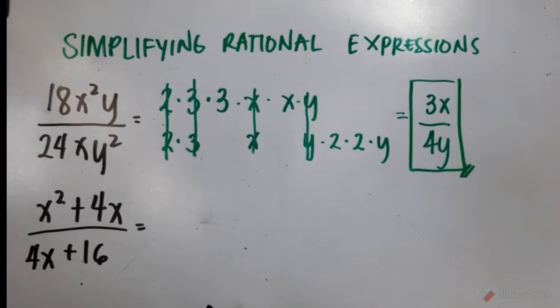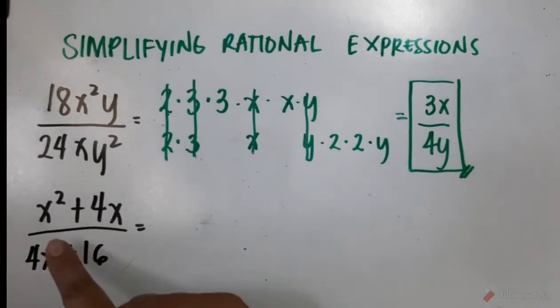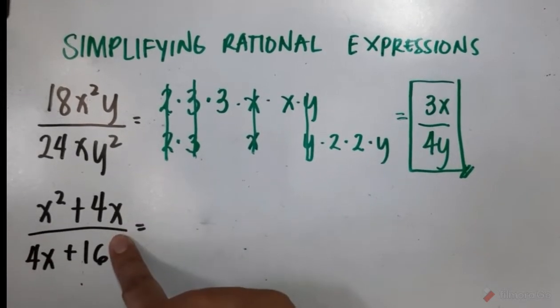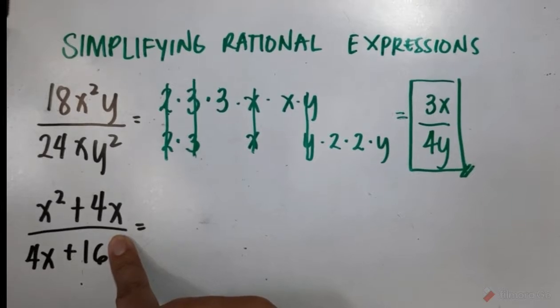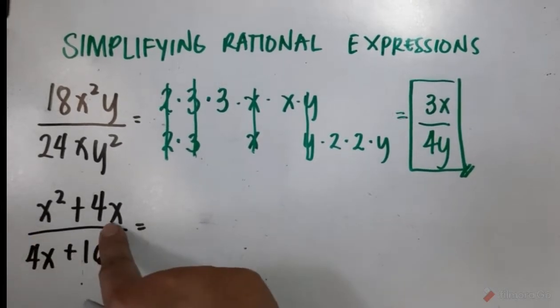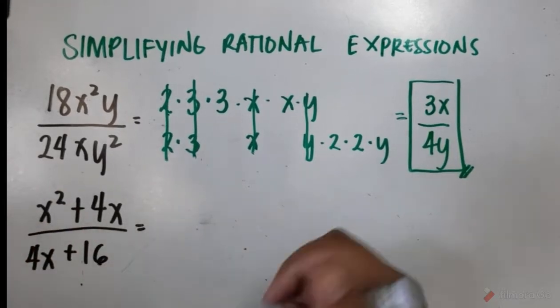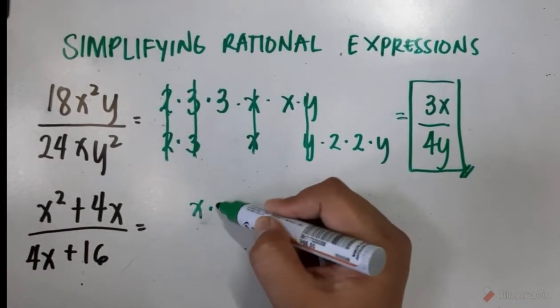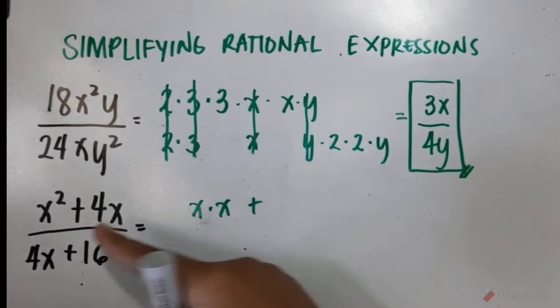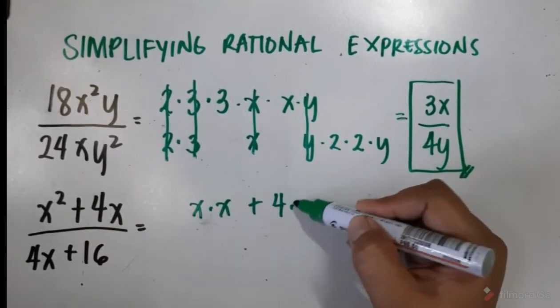Okay, let's have the next given. In this case, since this is a binomial, we need to get the GCF of the two terms. So what is the GCF of x squared and 4x? So let's have x, and then on the other side, the factors will be 4 times x.